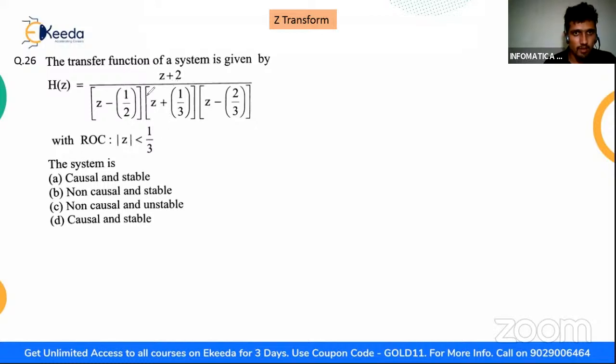We can say the z poles are minus 1/3, plus 1/2 and plus 2/3. They mention the ROC mod z less than 3. This ROC is inner to the innermost pole: this is inner, then this is outer, then this is outer.